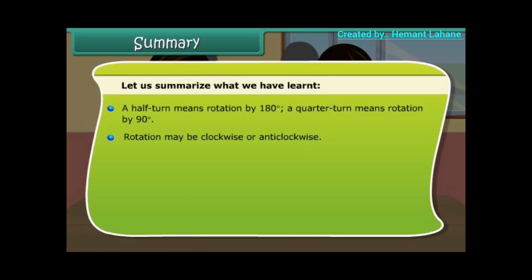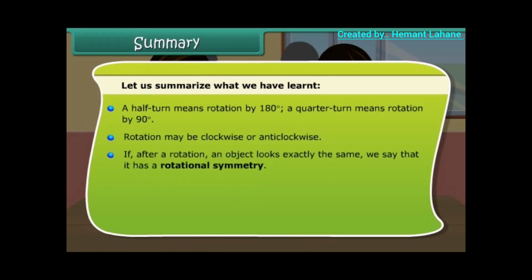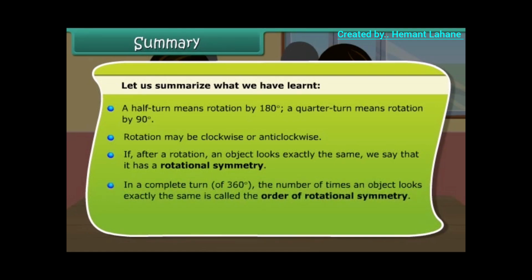Rotation may be clockwise or anti-clockwise. If after a rotation an object looks exactly the same, we say that it has a rotational symmetry. In a complete turn of 360 degrees, the number of times an object looks exactly the same is called the order of rotational symmetry.